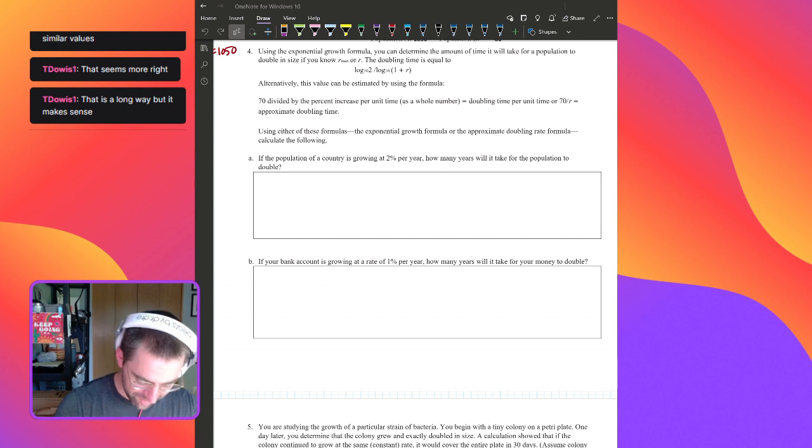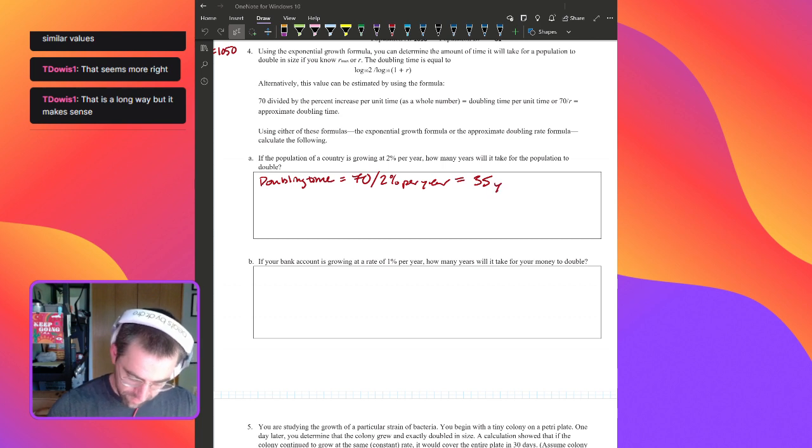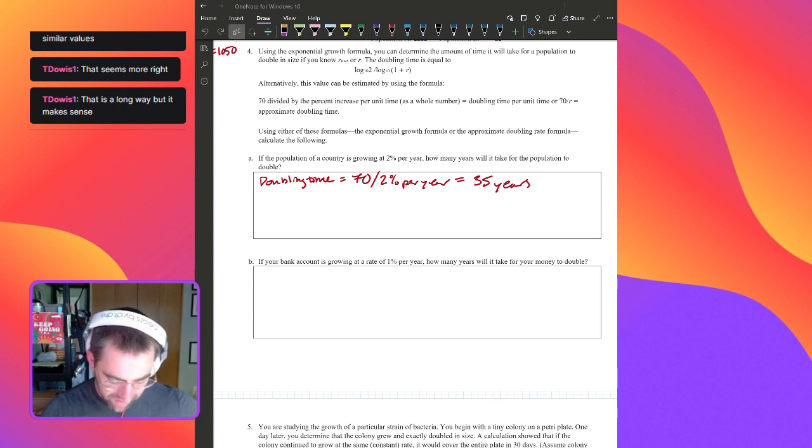Doubling time equals 70 from our formula above, divided by the rate as a whole number, 2% per year, equals 70 divided by 2, which is 35 years. So if the population of a country is growing at 2% per year, it'll take approximately 35 years for that population to double. Love that little shorthand.